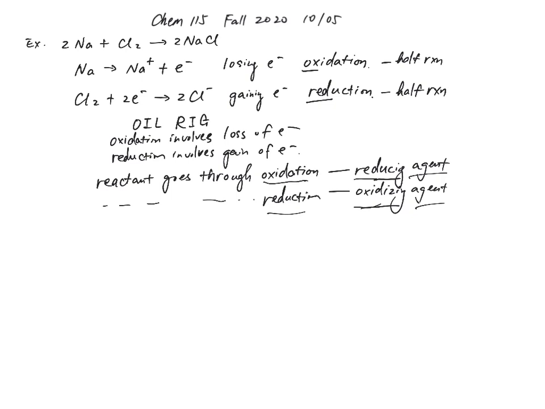By going through oxidation, by losing an electron, this reactant is forcing the electron onto another reactant. That other reactant is being reduced.